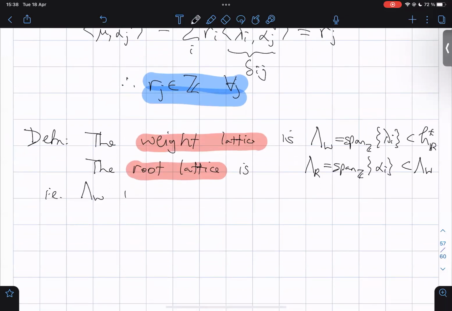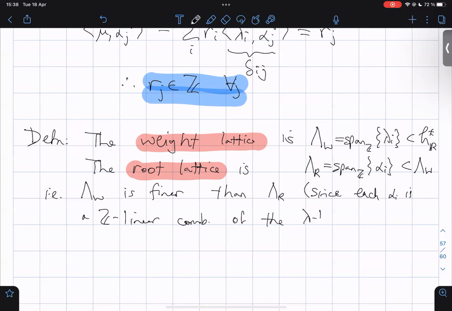The weight lattice is strictly finer than the root lattice, basically because we could write any root as an integer linear combination, since each alpha i is a Z linear combination of the lambda basis.